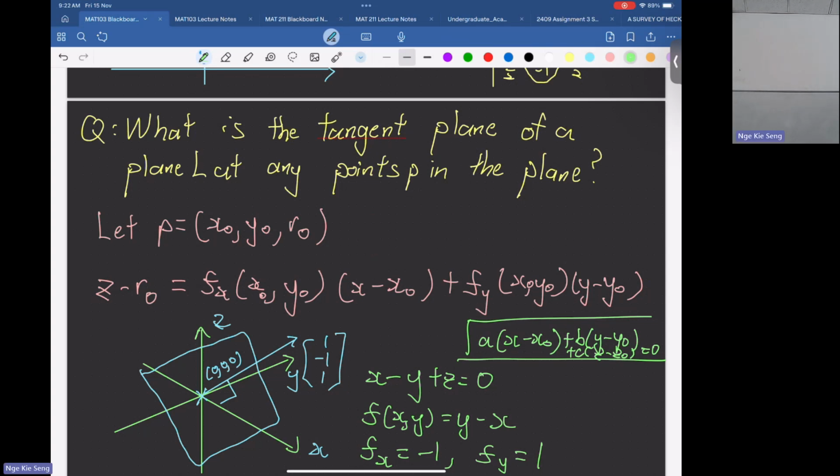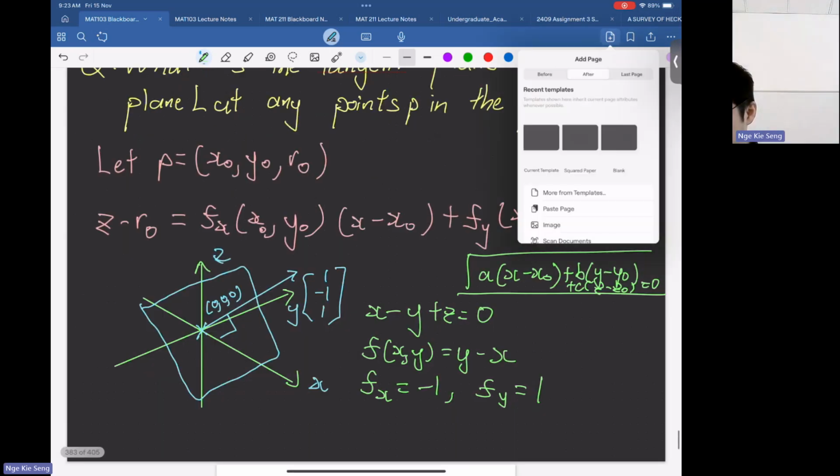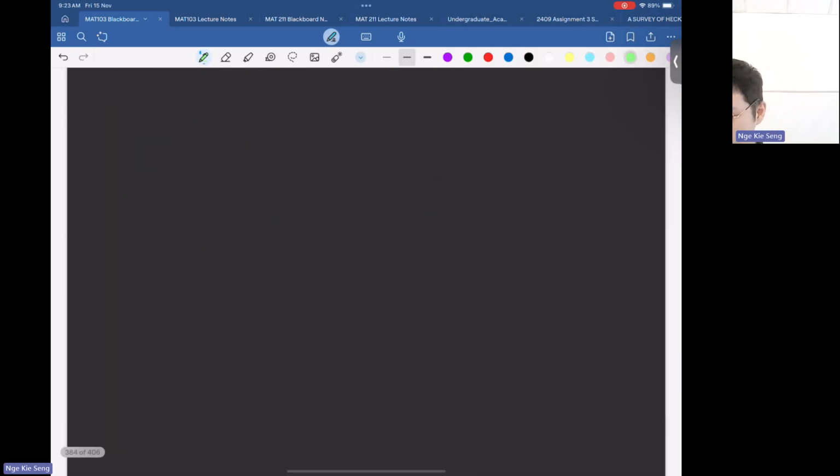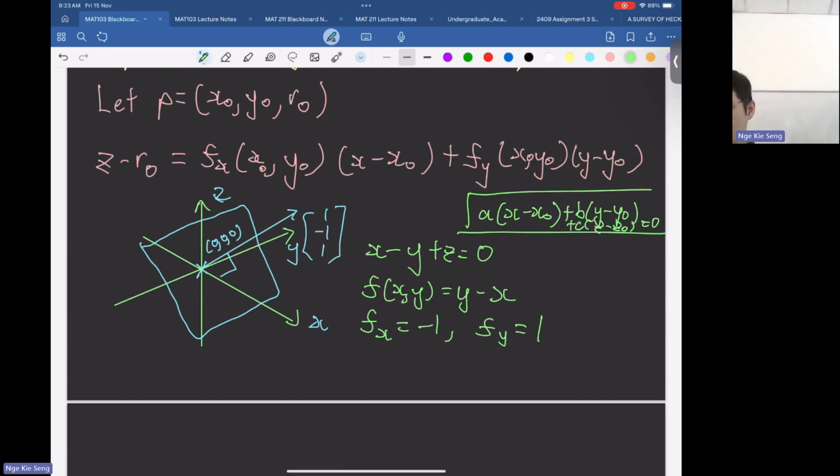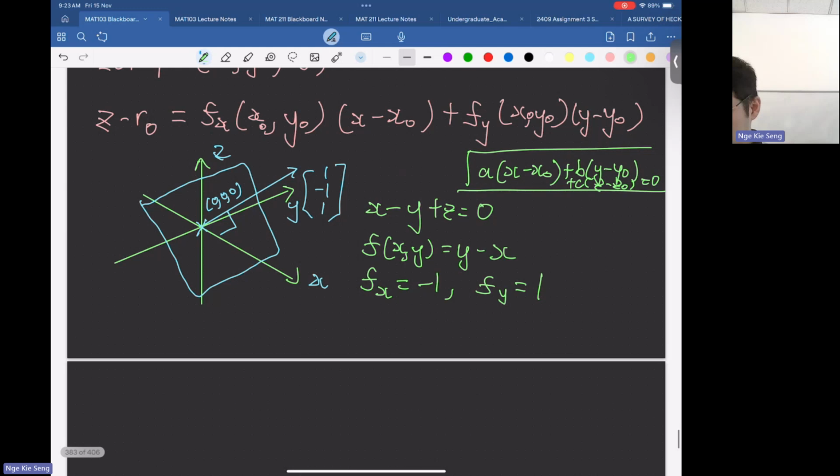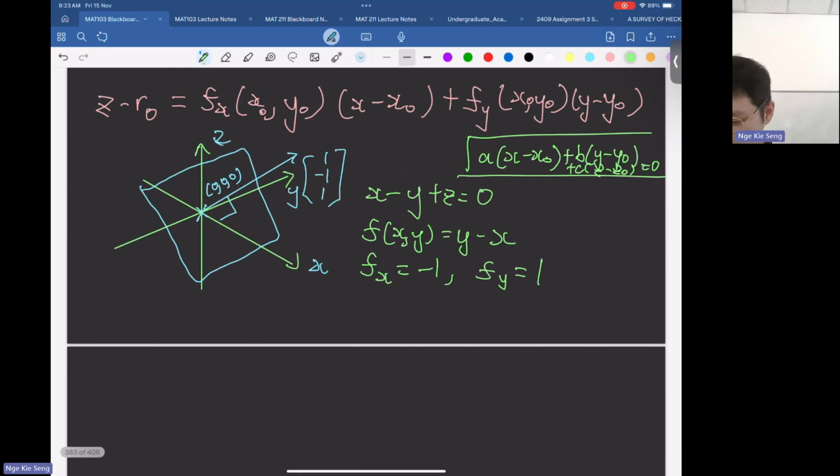If you don't believe me, we try another point. Let's try some other point on this plane. What point can we get? Let's write down what we have at 0, 0, 0.